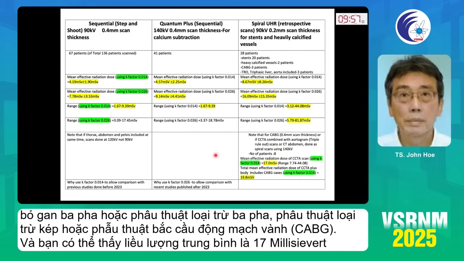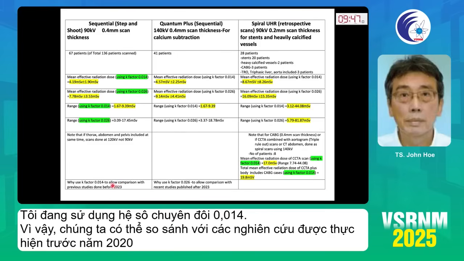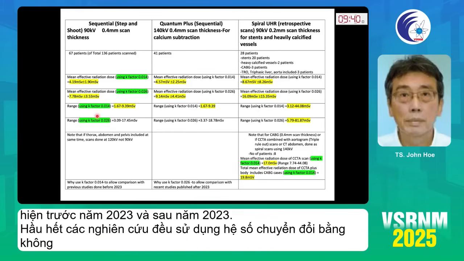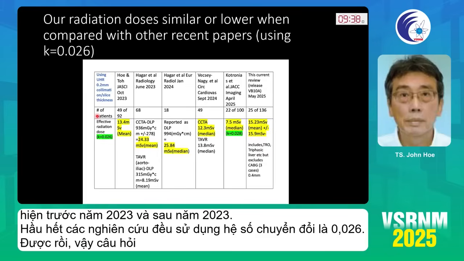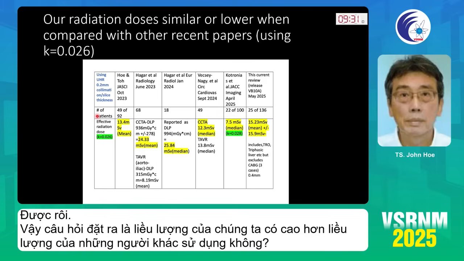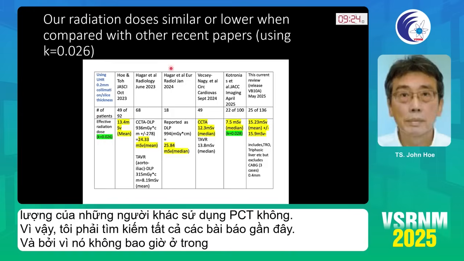I'm using a conversion factor of 0.014, so we can compare with studies done before 2023, and after 2023 most studies are using a conversion factor of 0.026. So the question is, is our dose higher than everybody else who uses PCCT? I had to search all the recent papers, because it's never in the summary, but the data is in the paper.